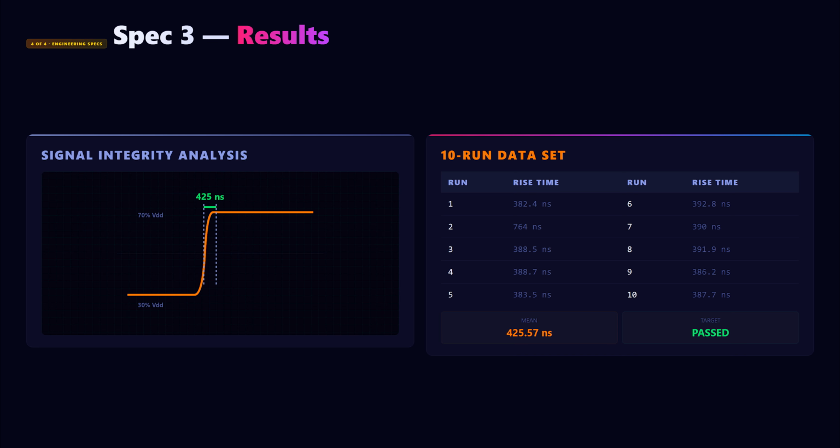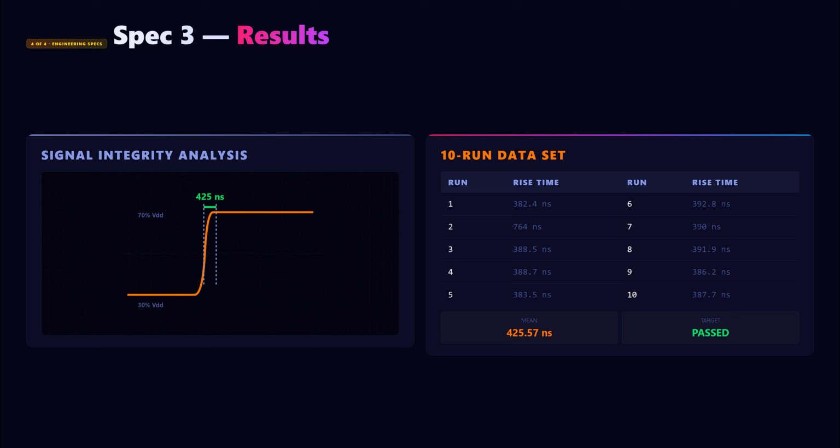Looking at the three representative captures shown, two measurements fall around 380 to 390 nanoseconds, while one is higher at approximately 764 nanoseconds. This higher value comes from address 10, which corresponds to the 14th block in the chain.